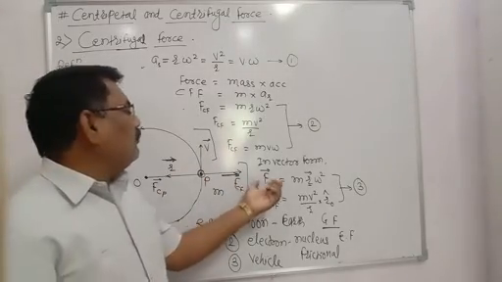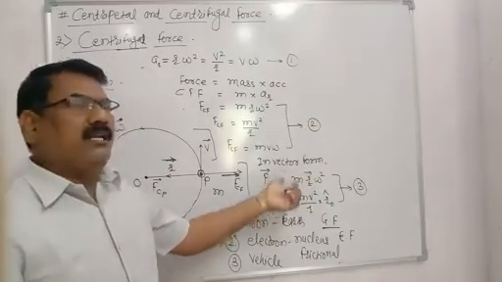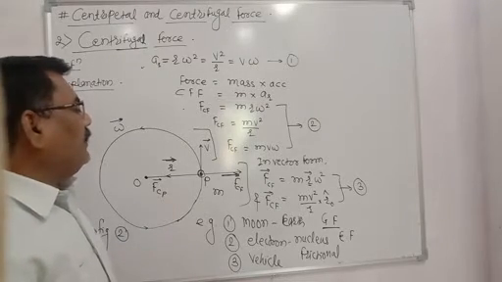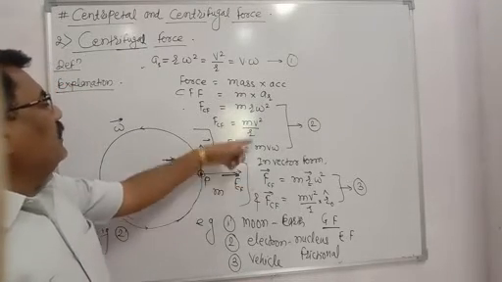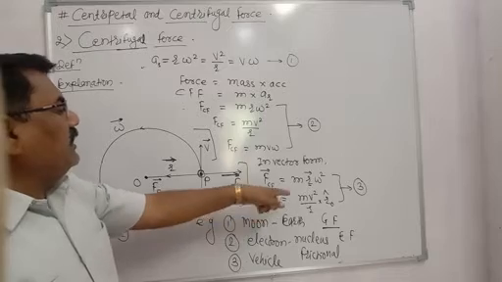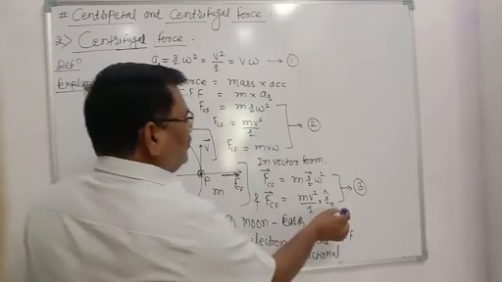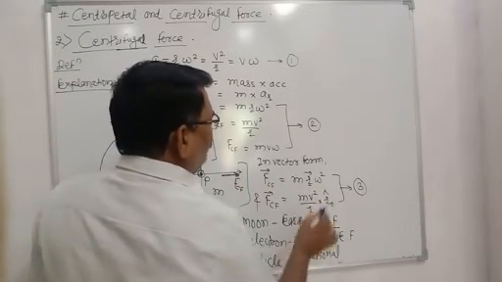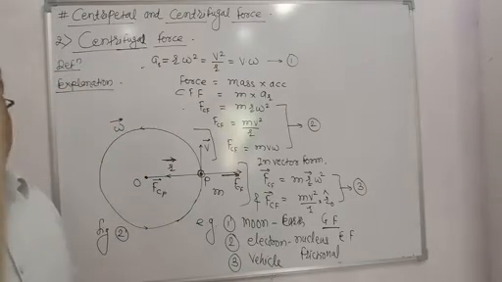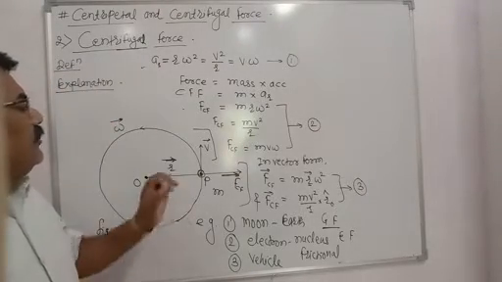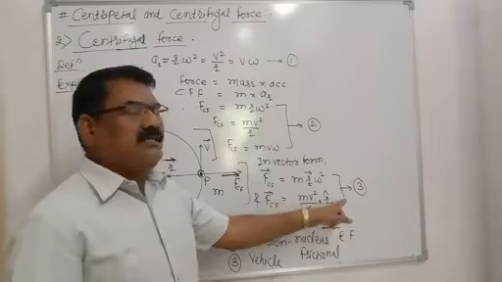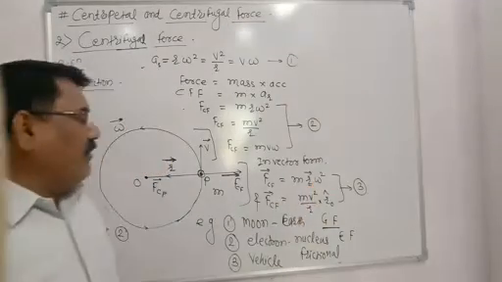The direction of both is the same, so the negative sign is not taken. In equation 3, r0 cap is the unit radius vector.